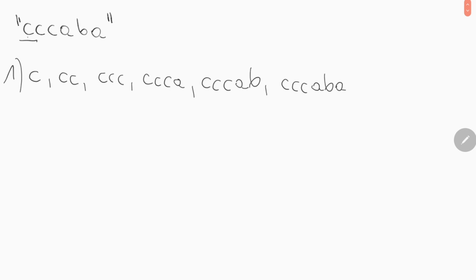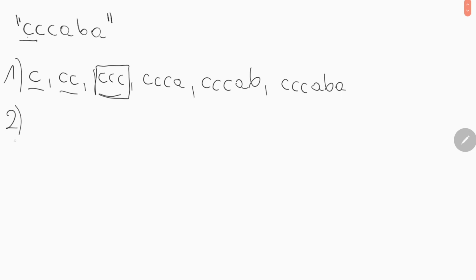We have all substrings starting with the first character. As you see, the first is a palindrome, the second is a palindrome, the third is a palindrome, others are not. So the longest palindrome is ccc.